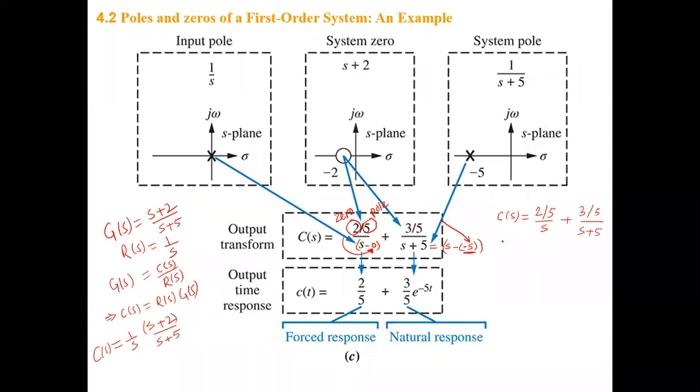That's what we got. Then take the inverse Laplace transform, which is c(t) equals 2 over 5 times the inverse transform of 1 over s, which is 1, plus 3 over 5 times, what is the inverse Laplace transform of this guy? e to the negative 5t, right? Okay, we got up to here last time.